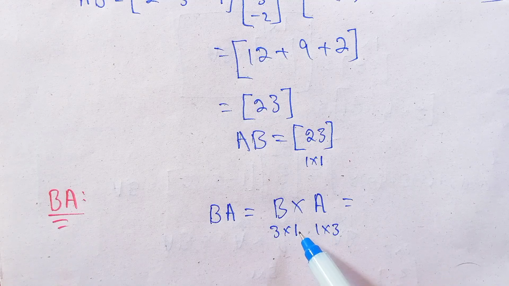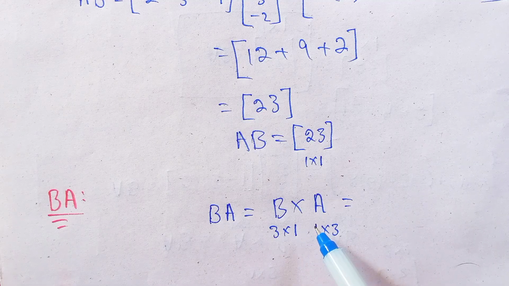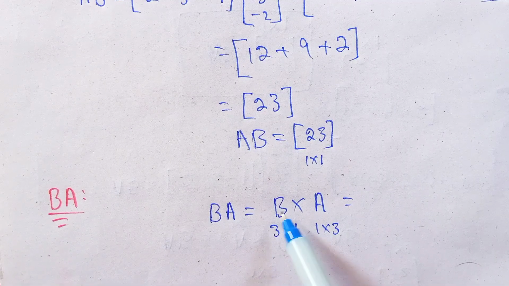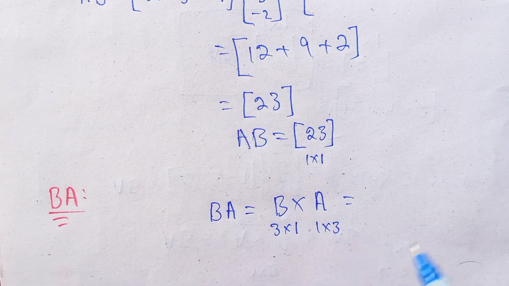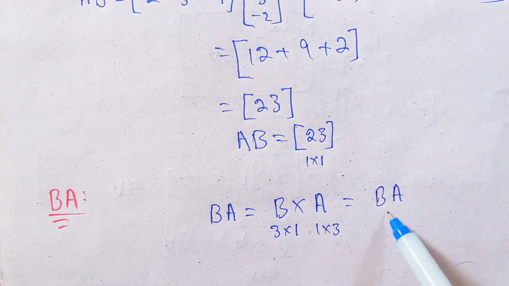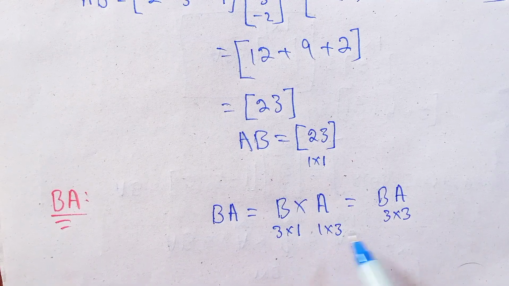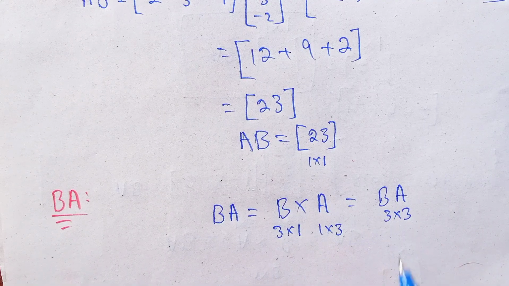Now we're going to find out what will be the order of BA. So BA will have an order of 3 by 3. From these two numbers, we concluded that the order of the matrix BA will be 3 by 3.